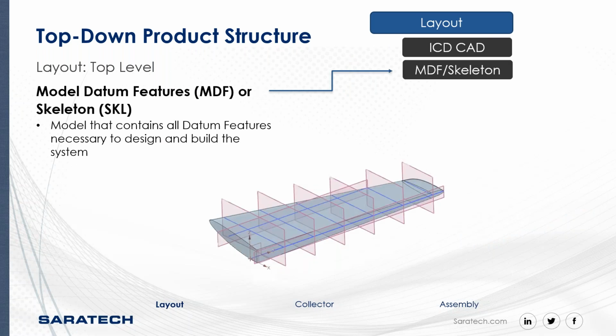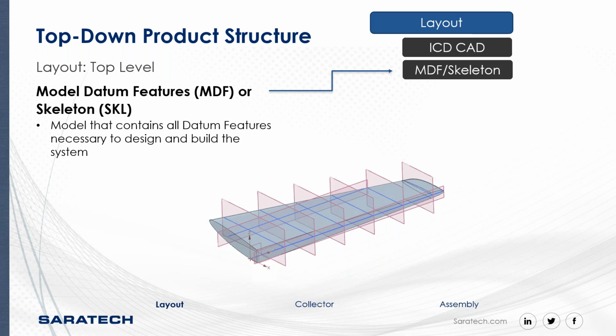Then what we'll have just in that same layout node is the MDF or the skeleton model. So MDF stands for model datum features, or commonly known as a skeleton. So these contain your critical datum features necessary to build and design the system, as well as control critical dimensions, sketches, features, things like that.